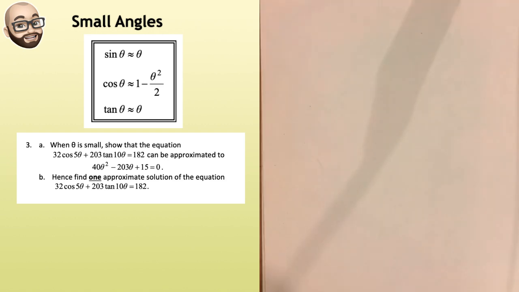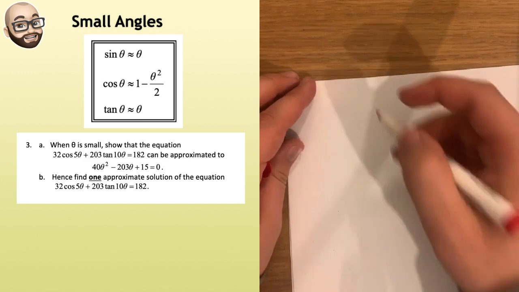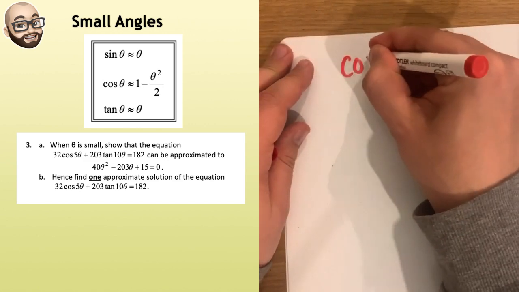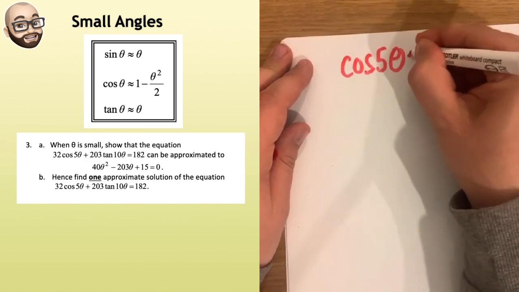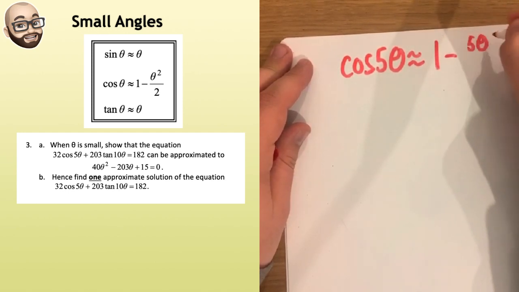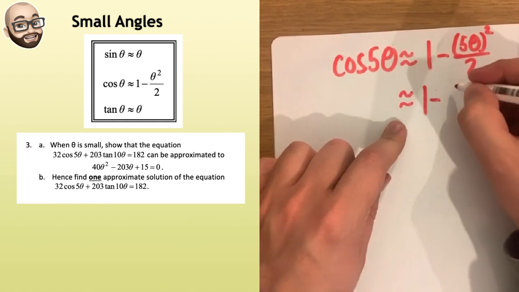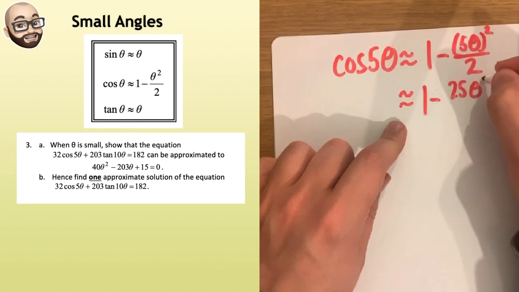And even again, it might look nasty, but the steps are pretty much going to be everything we've just done. So I can see that we have a cos 5 theta. That's going to be pretty much the same as 1 minus 5 thetas squared over 2, which is the same as 1 minus 25 theta squared over 2.